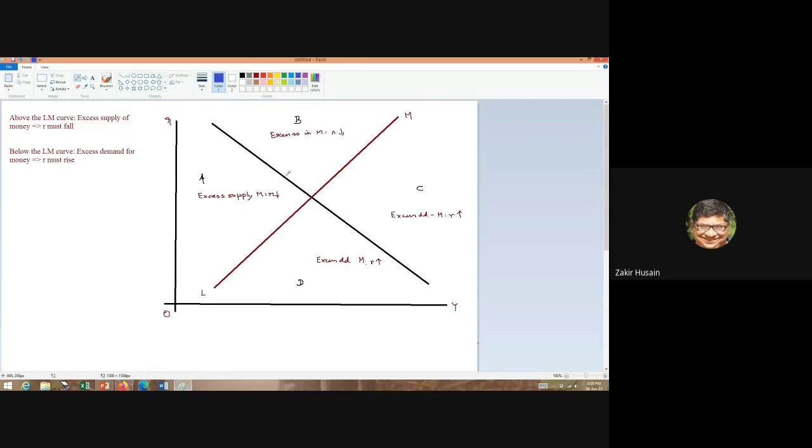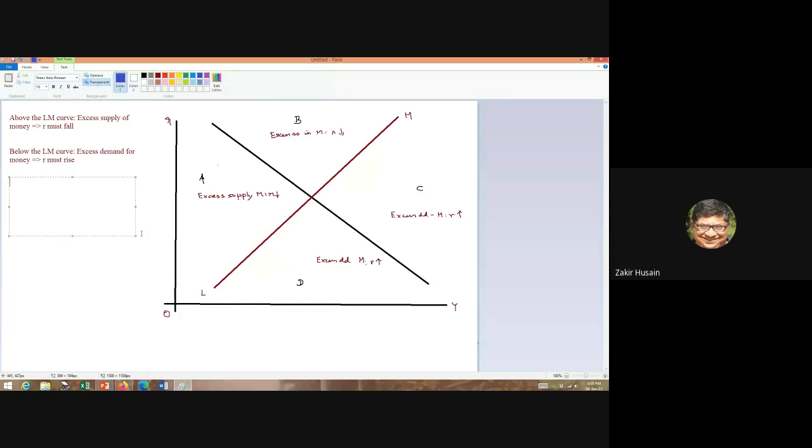Now, if we consider the points below the IS curve, that means for the same rate of interest, your income is, let us say, below the equilibrium level. In that case, what will happen? Are you in excess demand or excess supply?